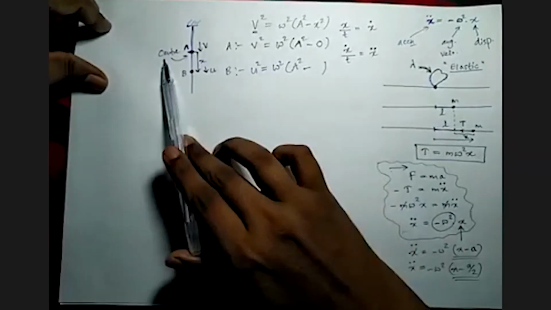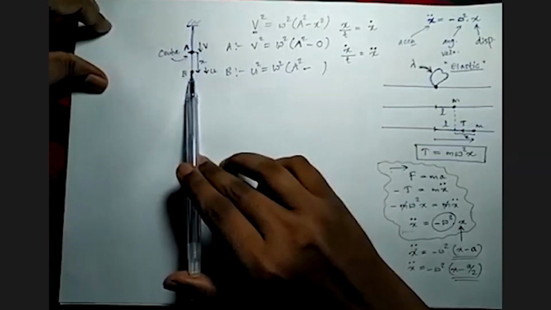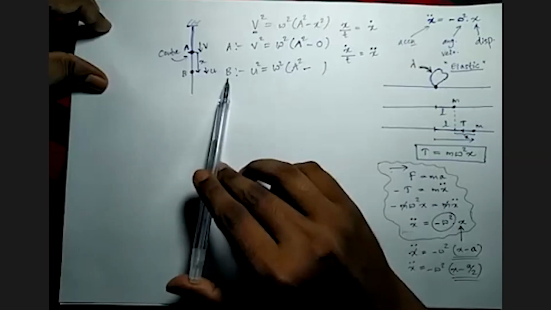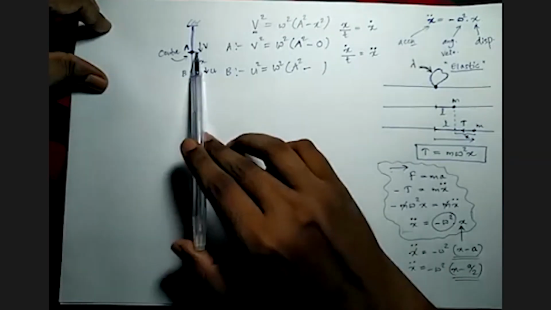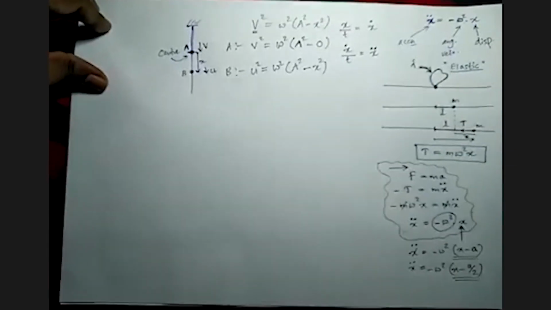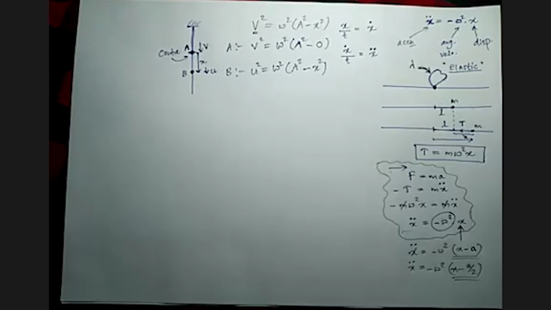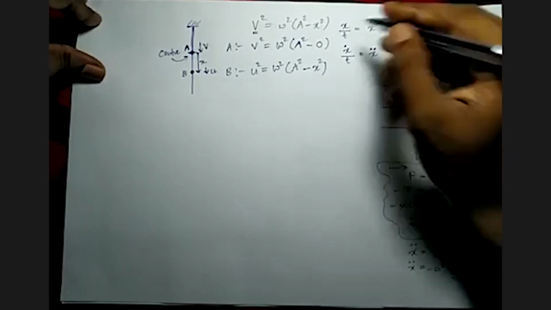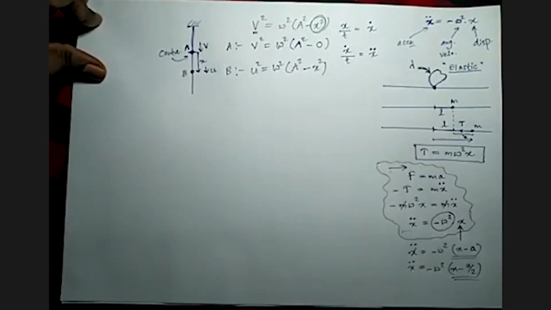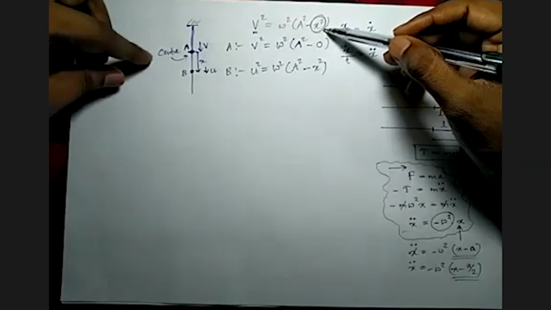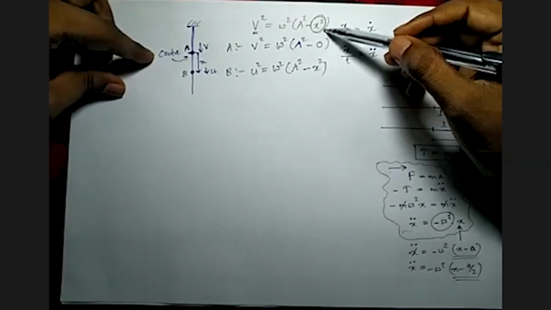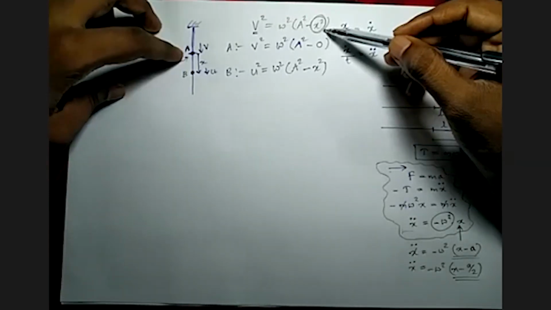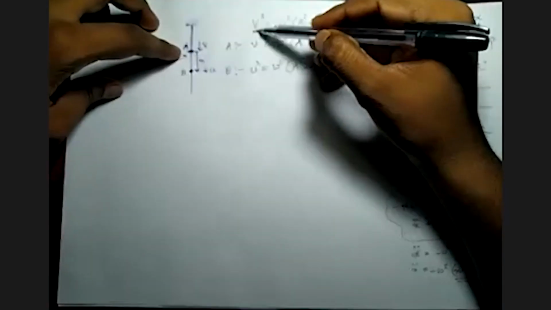Now we have to measure the distance from our center of motion to the point we are applying the equation. Now the displacement is given as x. Here we have to put x square. So this is the difference. That is the distance from the center of motion to the point where I have taken the velocity.